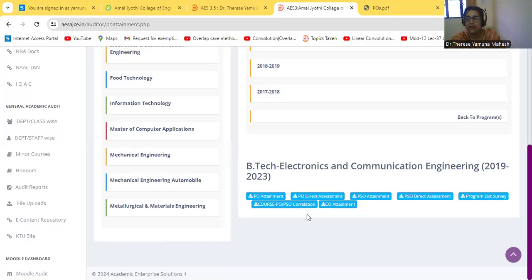So with this, we come to the end of this PO attainment calculation. We have gone through all the tabs. So CO attainment calculation forms the basis of all these calculations. Then the important thing is the course PO correlation mapping. And in this, it will be good if we include the extra curricular activities also.